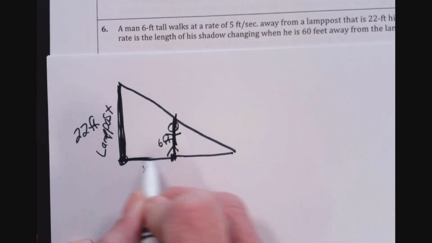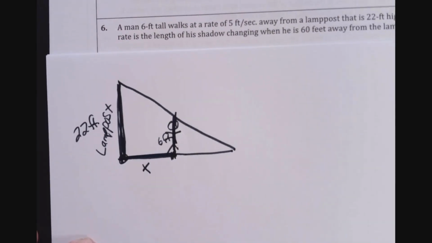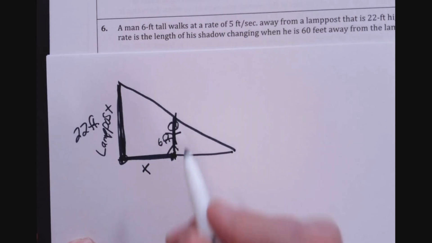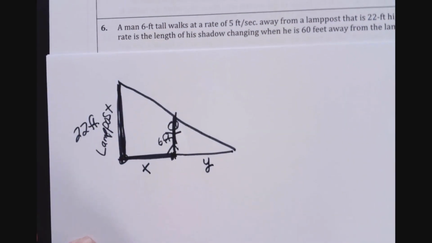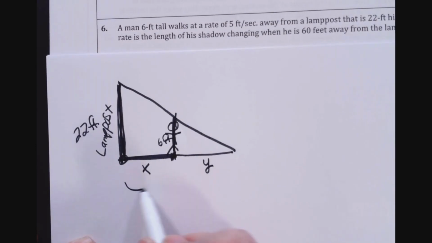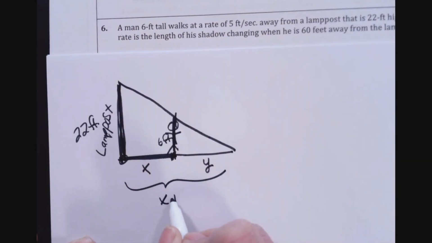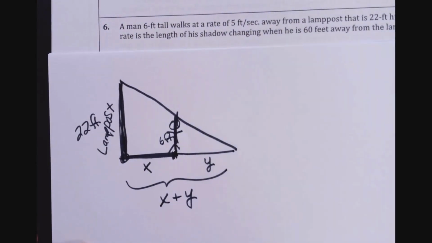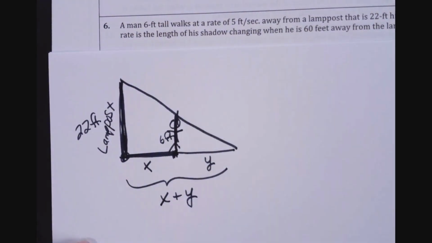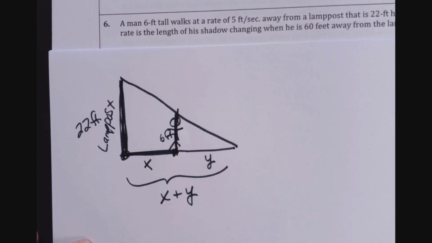From here, he's walking this way, so we'll label this x. Let's call this length y. I'll go ahead and let that whole thing be x plus y. There's different ways we can label this, but this might be the simplest.